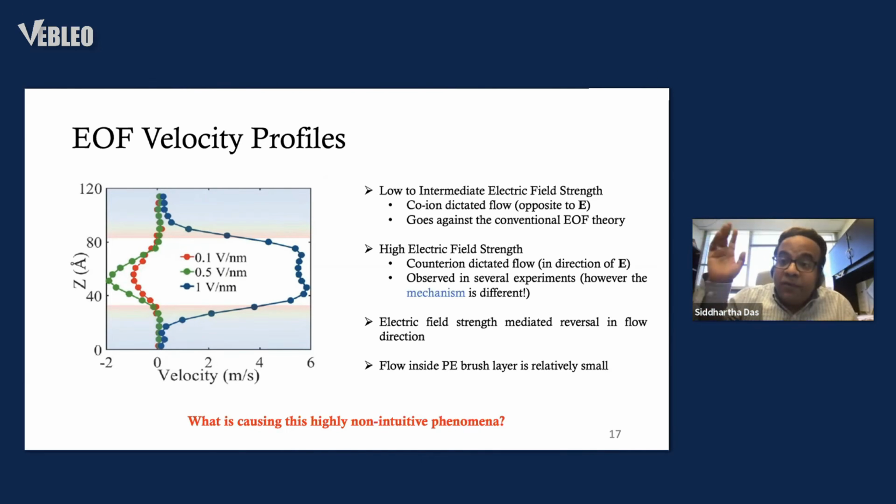It is from right to left. That means it is dominated by the motion of the coions. However, as you increase the electric field, the flow field reverses in direction and becomes left to right.